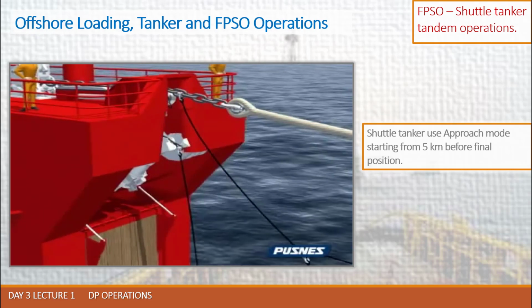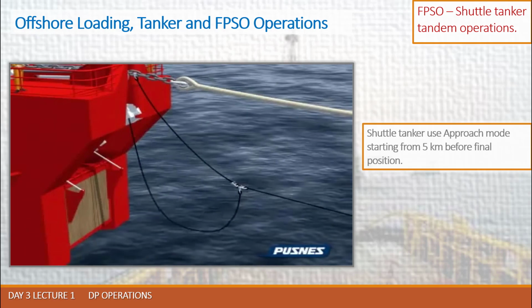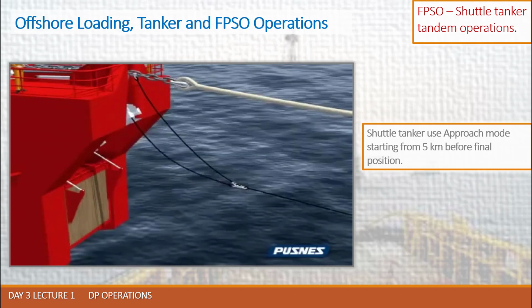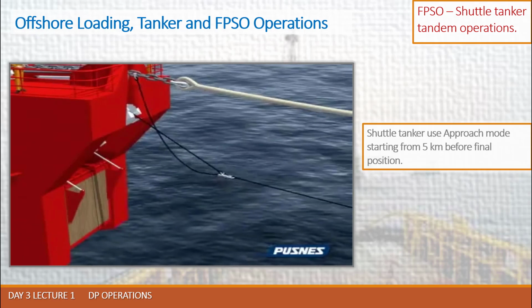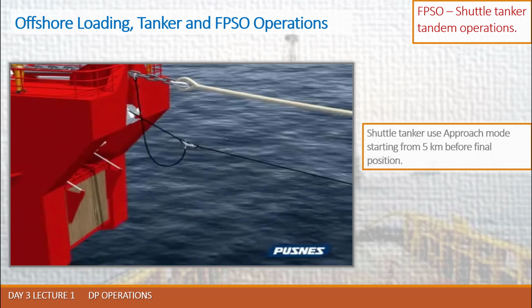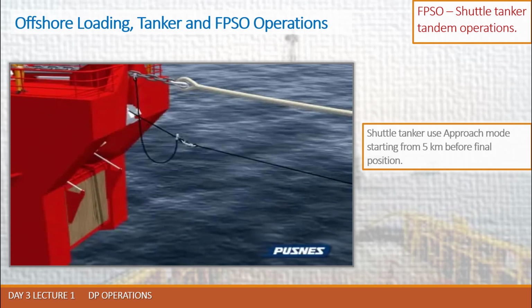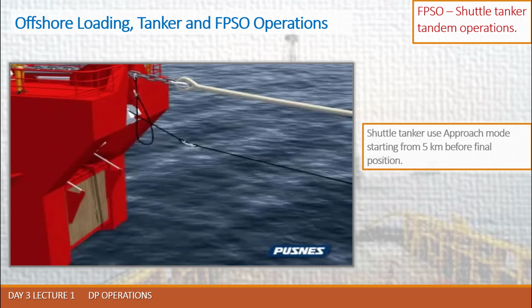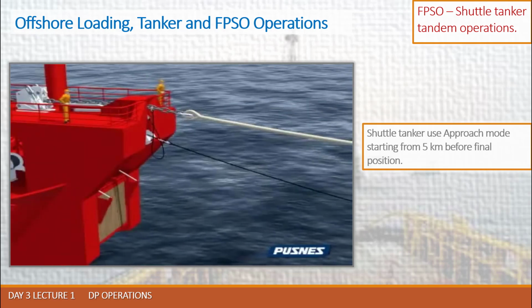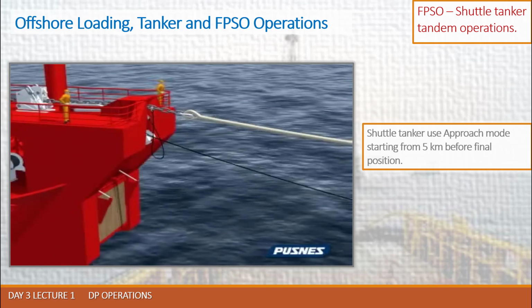So here we have two main definitions. The messenger is a thick caliber wire which keeps tension, and the hose is a pipe for loading which will be connected to the bow loading manifold with slack and without any tension on it.